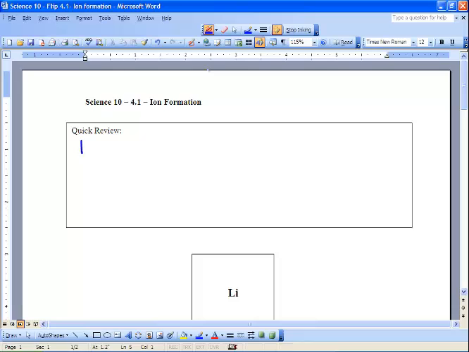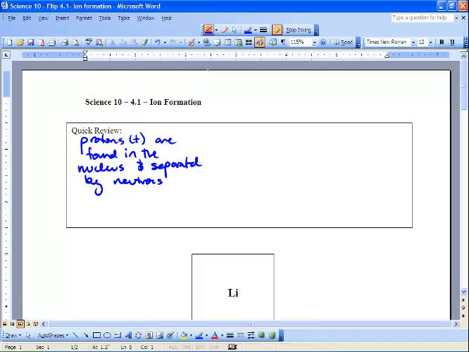Now remember that protons are positive and are found in the nucleus and are separated by neutrons. And so we've got protons, they're positive.